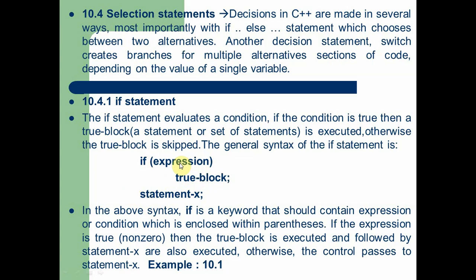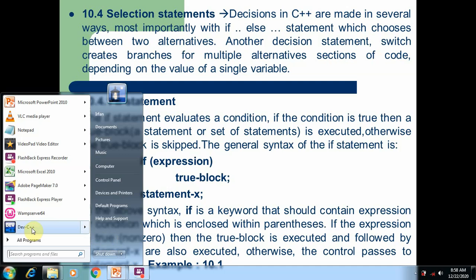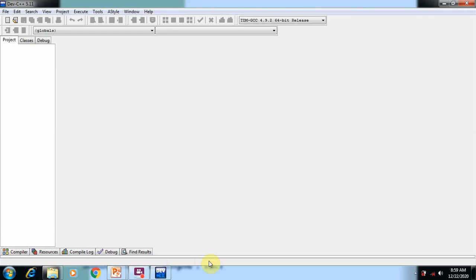We are going to see an example through program 10.1, a program which explains the if statement. Open the C++ program from the start menu and open the file named 10.1, the first example of chapter 10.